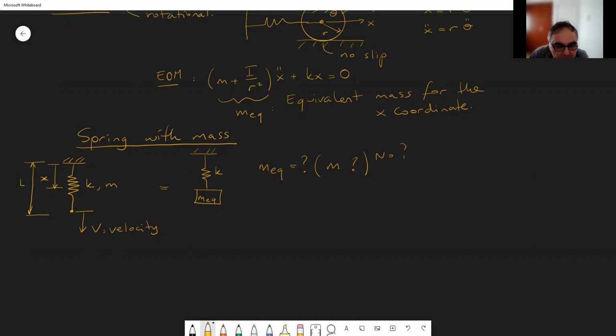It's not very easy, so let me try to show you. Let's say this is the length of the spring. This is 0, this is L. This is the velocity of the spring as a function of x. At this point, the velocity is v.